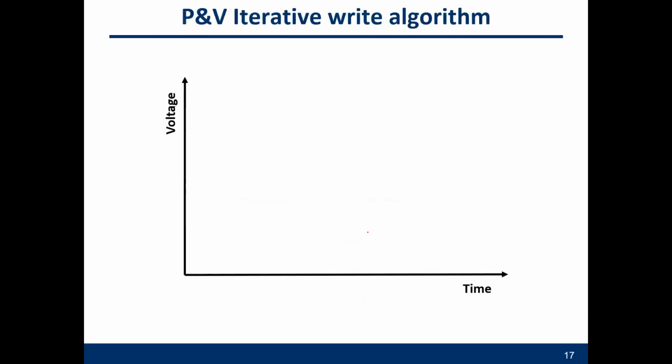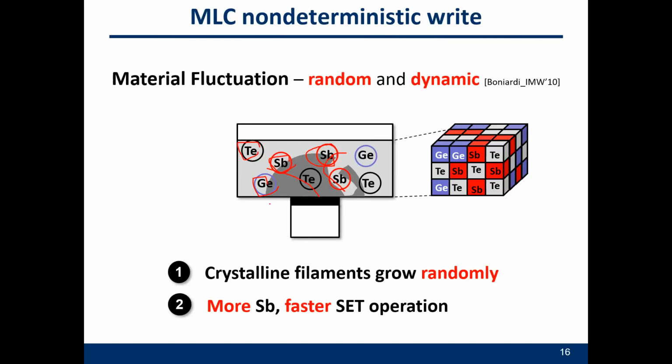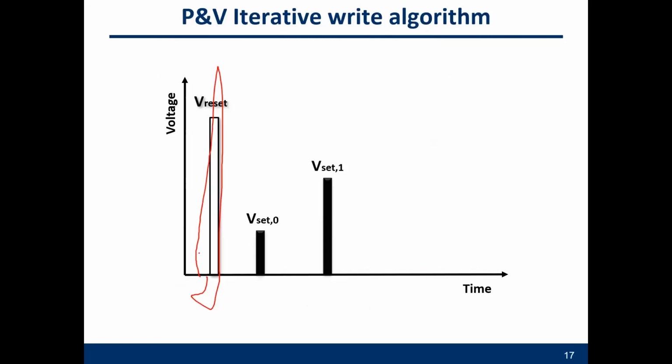So in order to overcome this non-deterministic write, phase change memory uses an iteration-based write algorithm. At the very beginning, it has a reset operation, a very short, large amplitude current reset operation to generate this amorphous fraction. And then it issues set pulses.